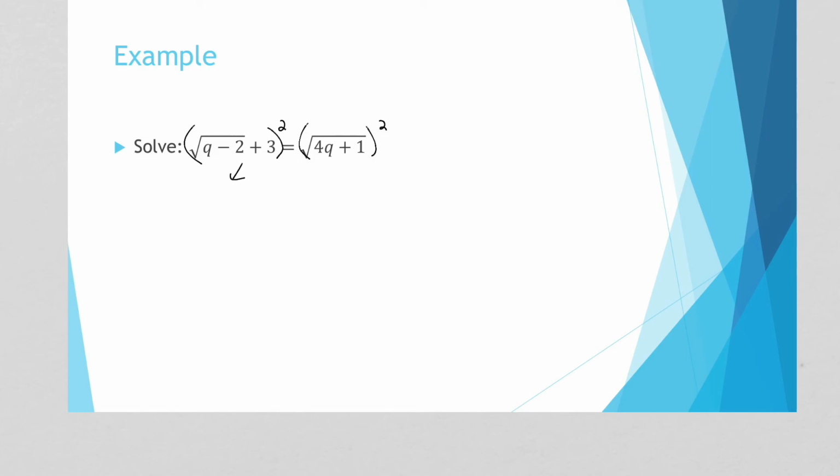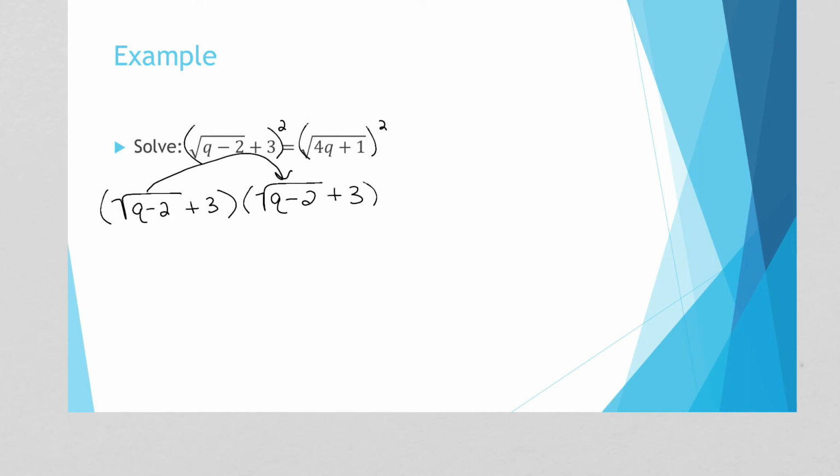So this right here turns into the square root of q minus 2 plus 3 times the square root of q minus 2 plus 3. So what I would do here is I would distribute this times this.